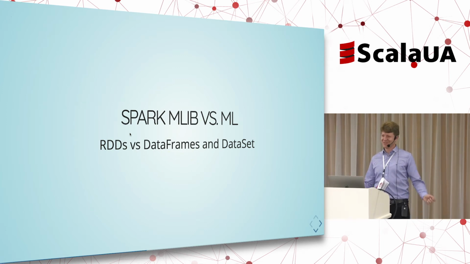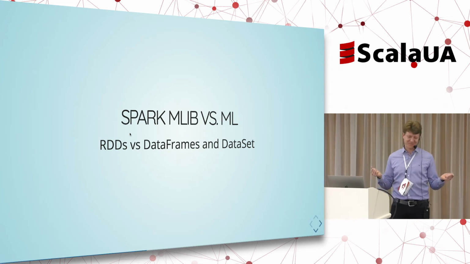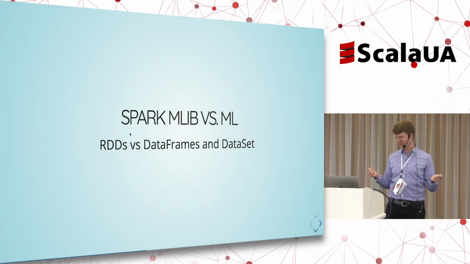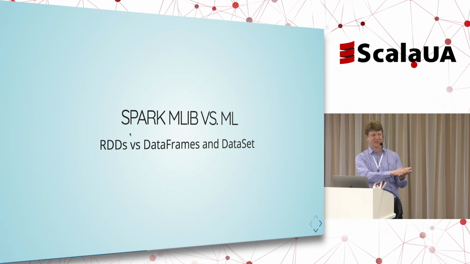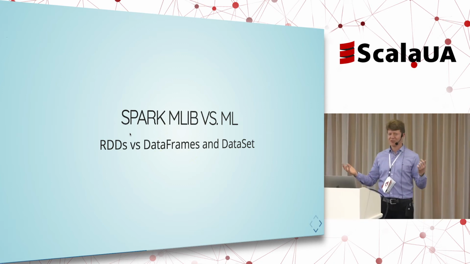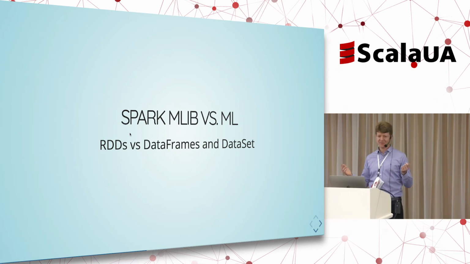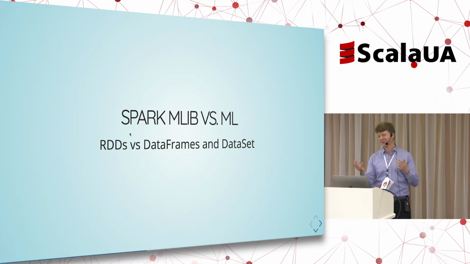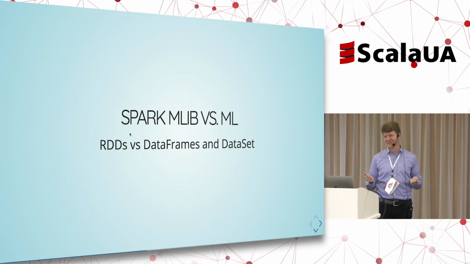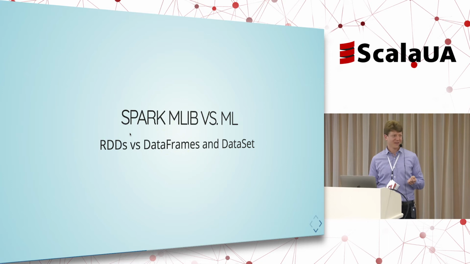And if you want to do machine learning with Spark, then you will very soon find out that inside Spark there are actually two packages, both offering you machine learning, both implementing machine learning algorithms. There's this mlib package and there's the ml package.